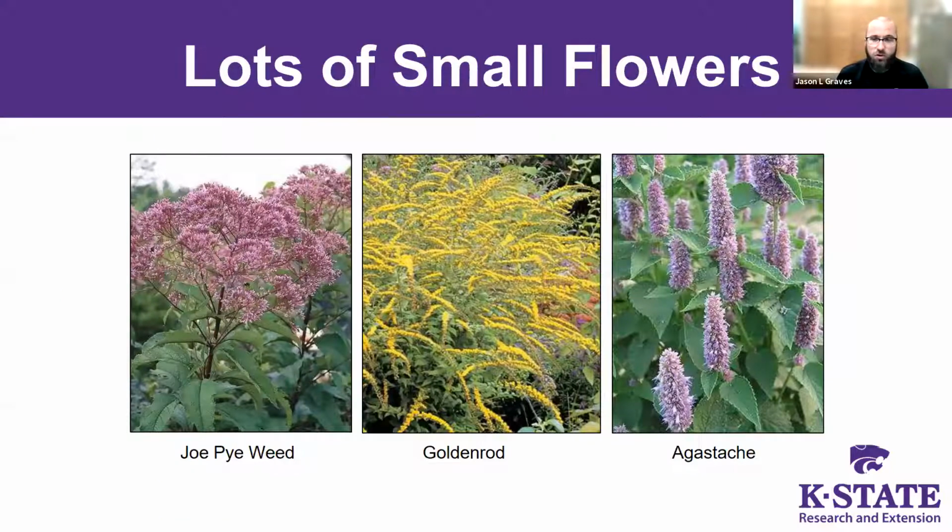Lots of small flowers is great for bees as well. Think of our Joe Pye weed, goldenrod, agastache, all the different flowers that we may utilize in a landscape setting, where the form they take is just lots of little small flowers. This is also a good form of flower for our native bees.